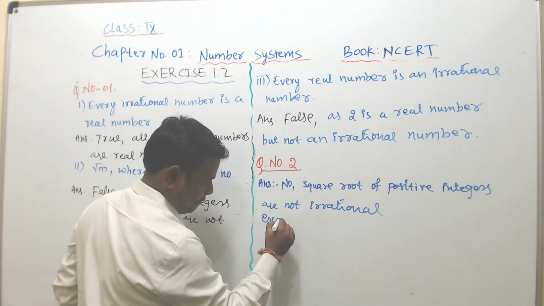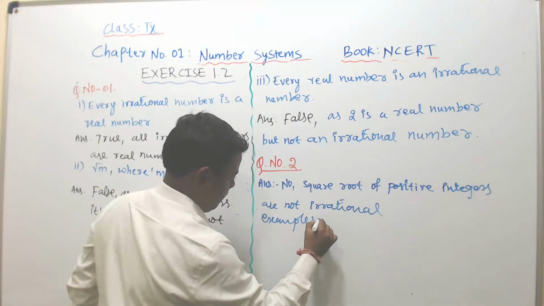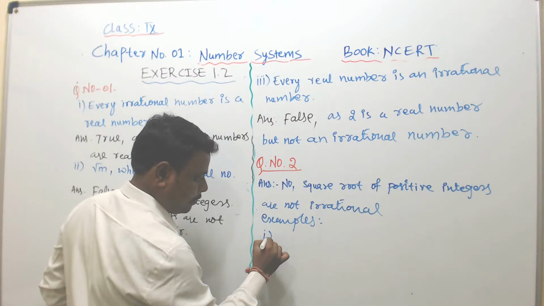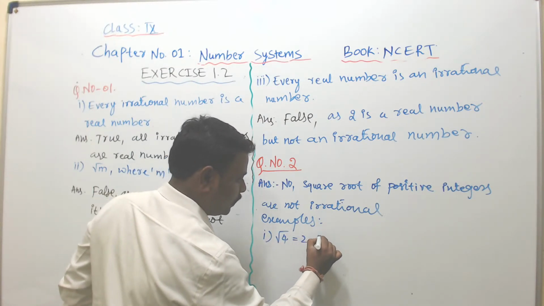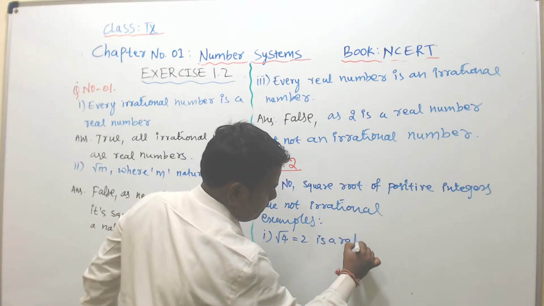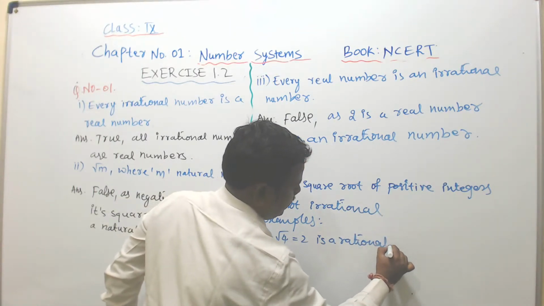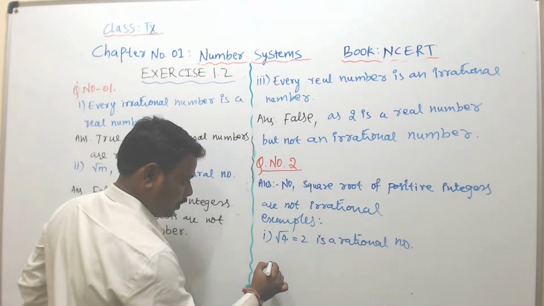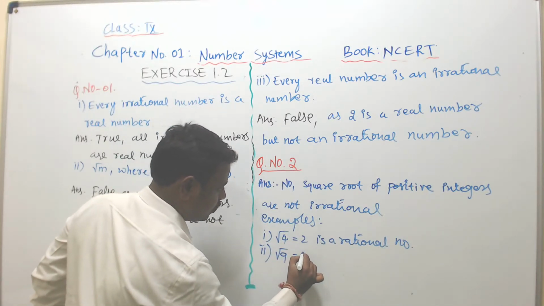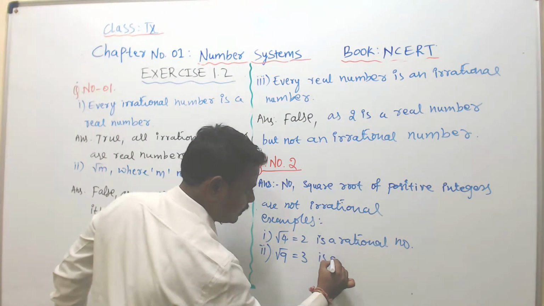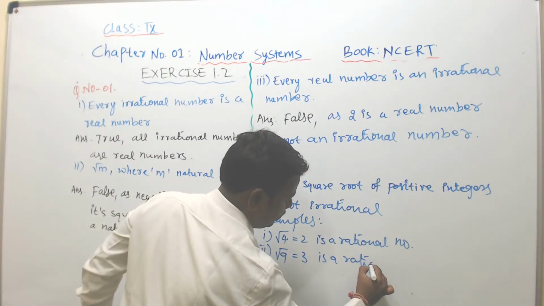Example: first one, root 4 is equal to 2. 2 is a rational number. Or I can go with the second one, root 9 is equal to 3. This is also a rational number.